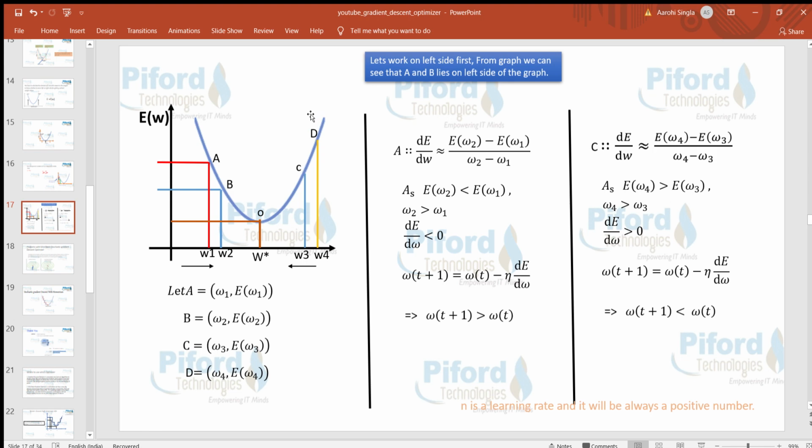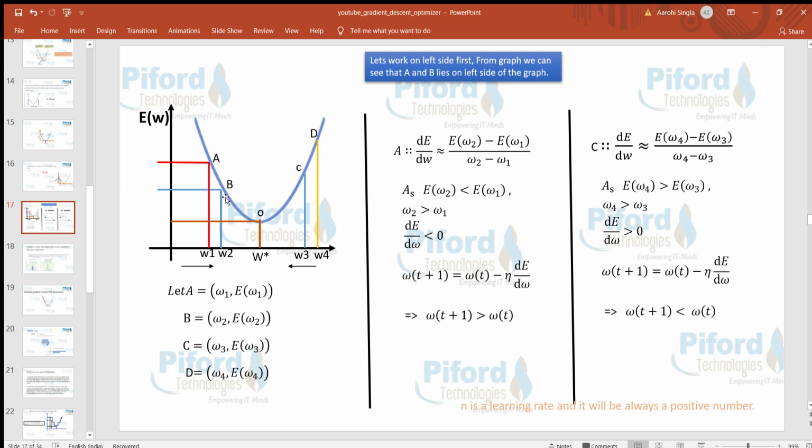That means the initial value of weight which I choose could be to the left of the optimal point or to the right of it. Here we have four different points, A, B, C and D. I took this image just to help you understand how to decide in which direction to move while updating the weights.